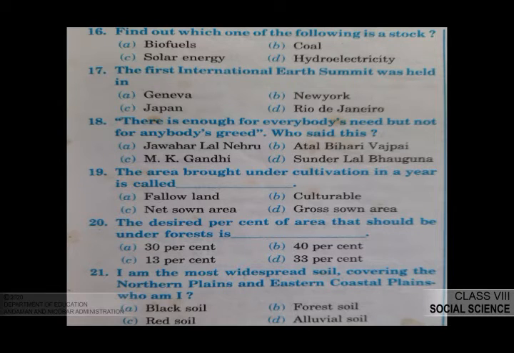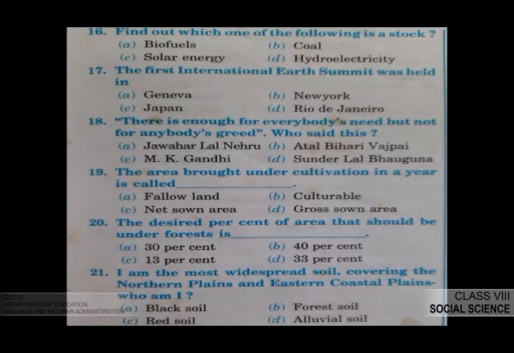Okay. The next question is, there is enough for everybody's need but not for anybody's greed. Who said these lines? If you remember, I told you that there is enough for everybody's need but not for anybody's greed. So your answer would be M.K. Gandhi. So the next question is, the area brought under cultivation in a year is called what?